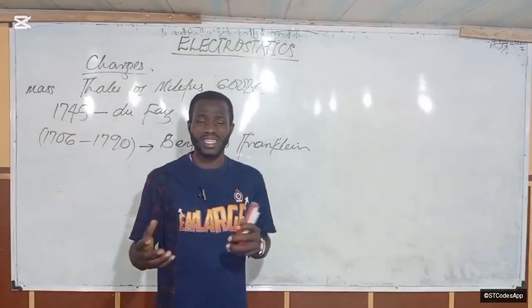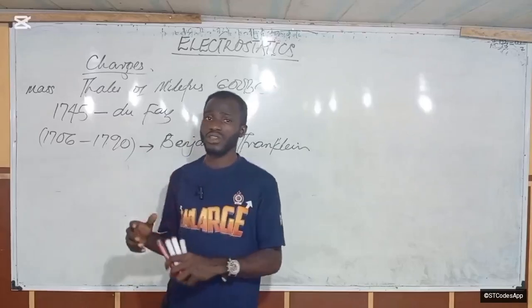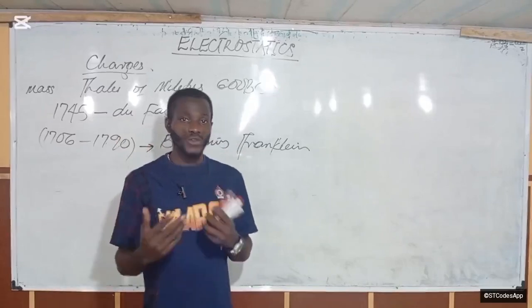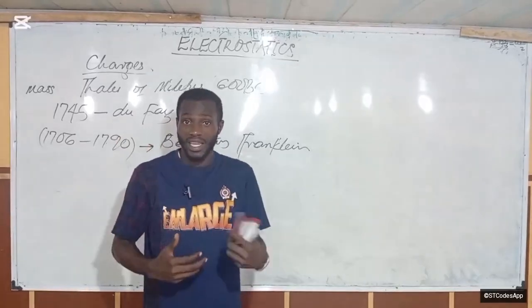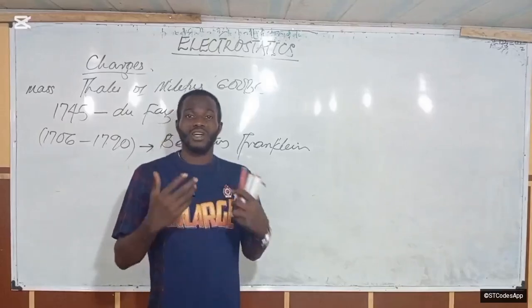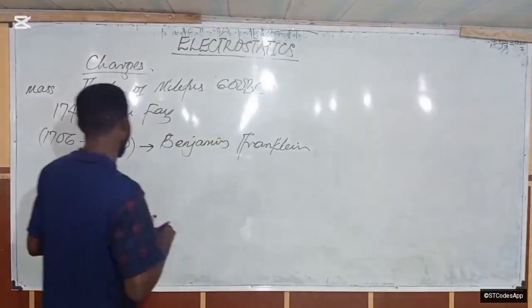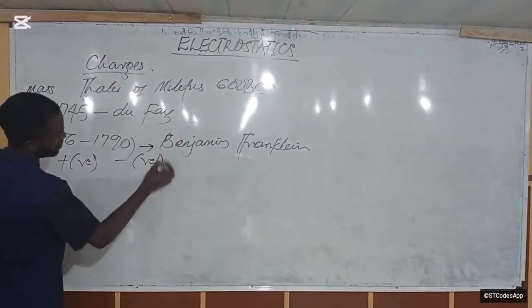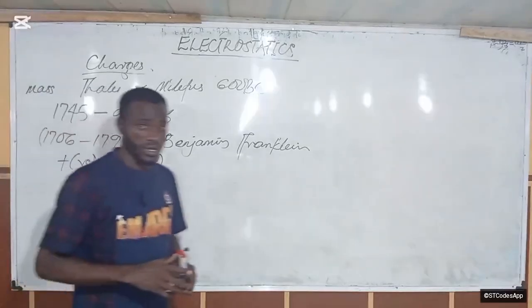So basically, it was discovered that charges were of two types, or the fluid that matter had in them was of two types: positive and negative. All right.